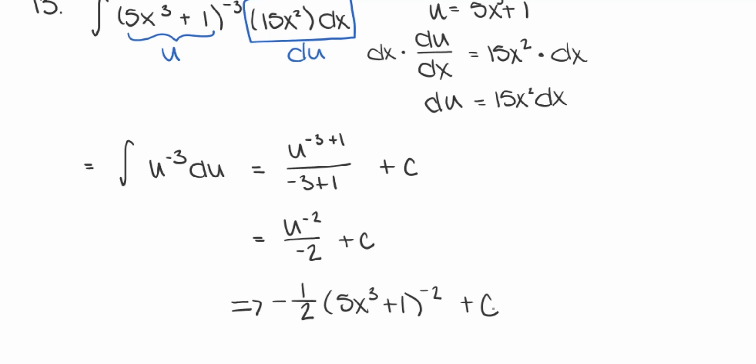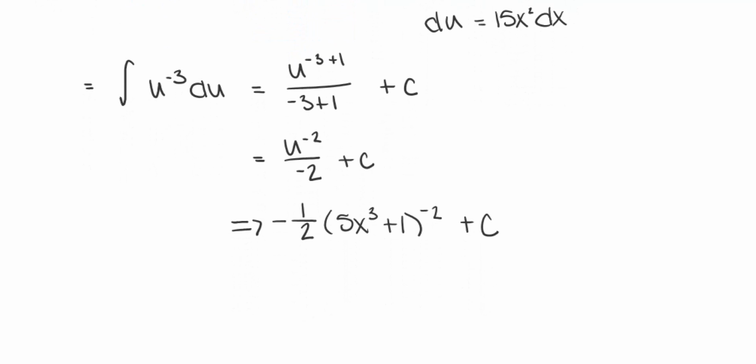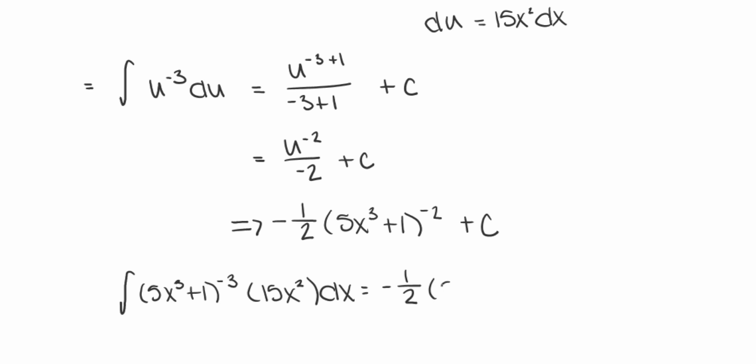If we really wanted to express our answer completely, we would say the integral of (5x cubed plus 1) to the negative 3 times 15x squared dx is equal to negative 1/2 (5x cubed plus 1) to the negative 2 plus c.